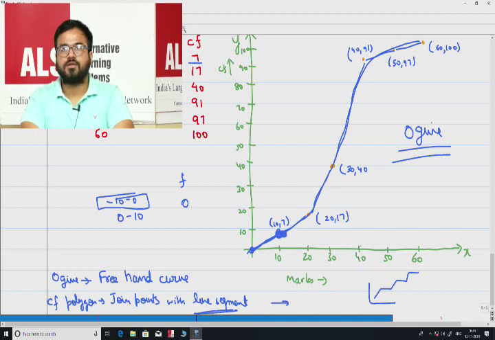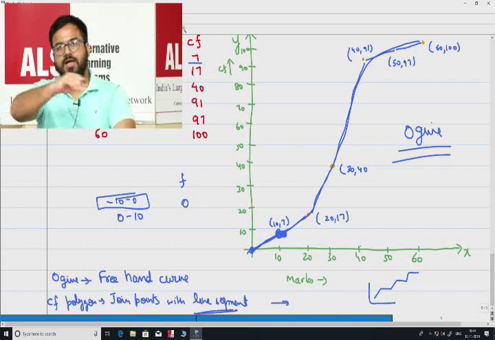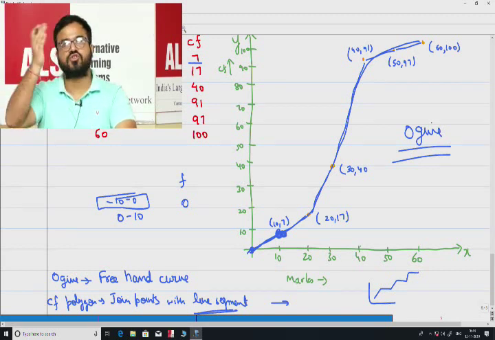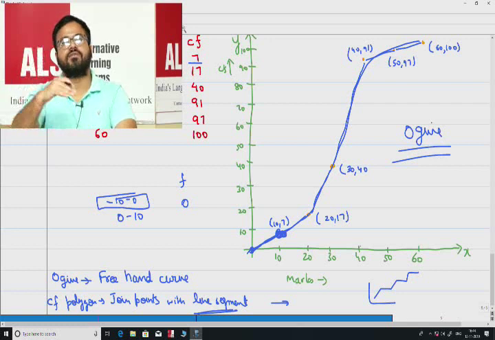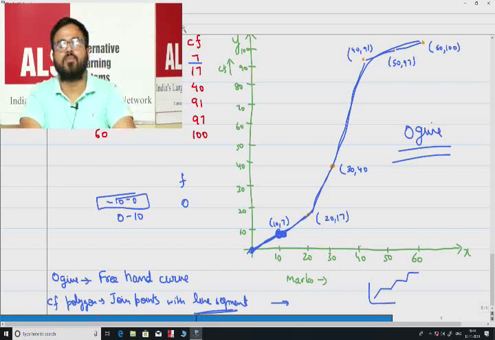Getting it? Basically, we have to start from the x-axis. So we will assume whatever is not given, in that interval the frequency is 0, and we will touch our starting point on the x-axis.